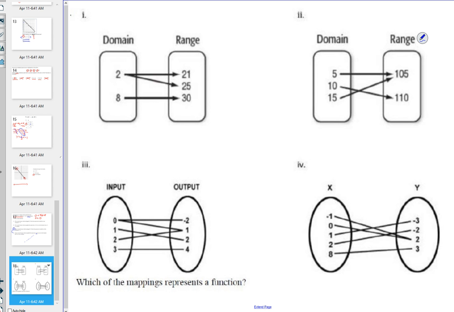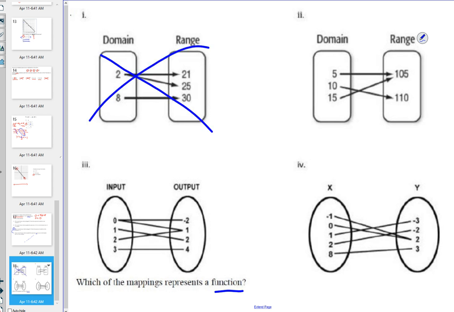And finally, which of the mappings represents a function? So this is kind of what we just talked about. In order to be a function on a map, you cannot have one input going to 2 different outputs. That's the only restriction. Does option 1 have one input going to 2 different outputs? Yes, so it can't be this one.